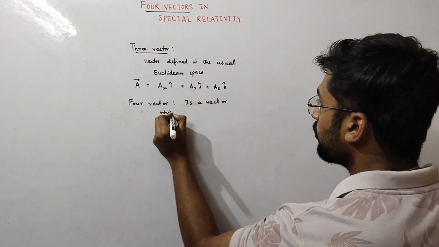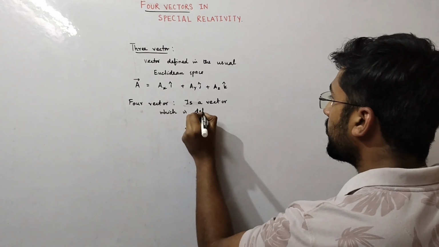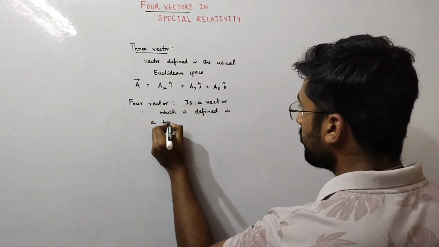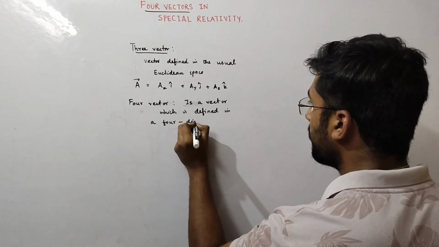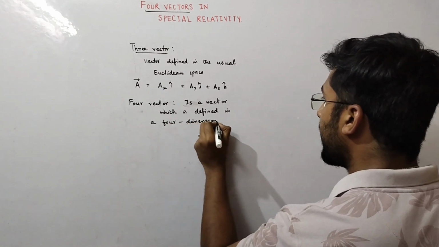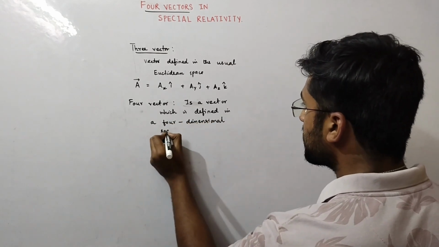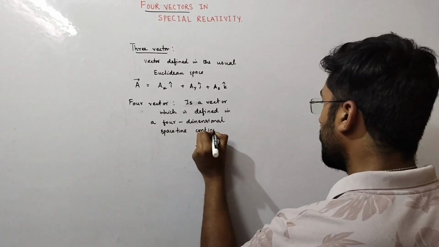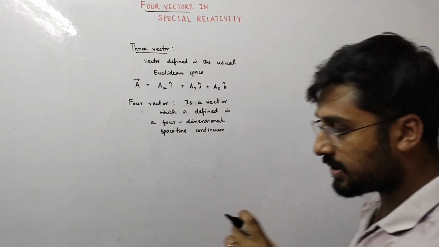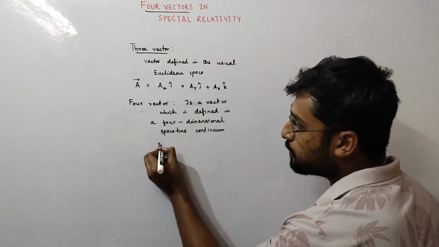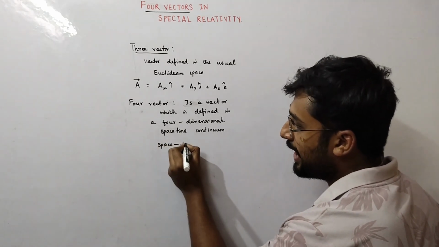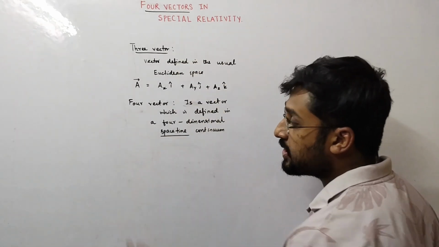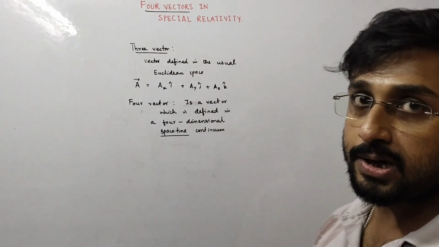which is defined in a four-dimensional space-time continuum. Now students, you must notice something: I haven't written space-time as two separate words, because when we talk about relativity, space and time are considered as one.